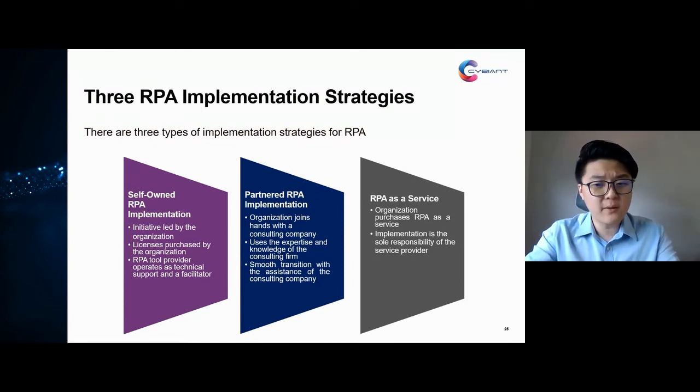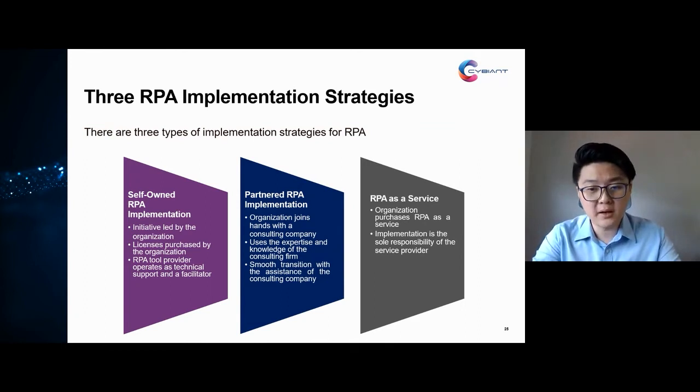In the self-owned RPA implementation, in this model, the RPA is initiated entirely by the organization itself. It is adopted in an organization by purchasing the license of the identified tools or platform themselves, and the organization also creates its resource bank to identify the platform for automation and its implementation.